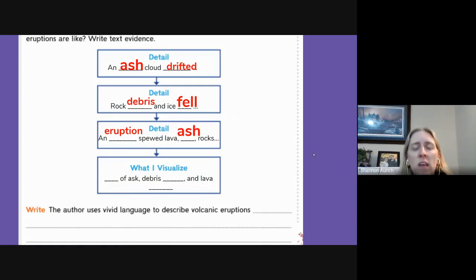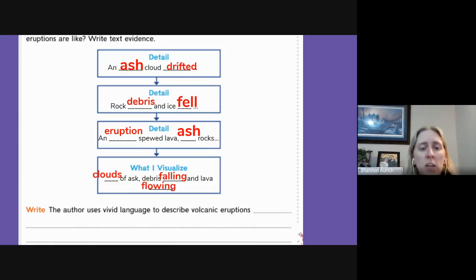So all of these vivid details help us visualize clouds of ash. Sorry, typo from Mrs. Ork. Ash, debris falling, and lava flowing. What does this help us visualize? It helps us visualize clouds of ash. It helps us visualize debris falling and lava flowing.